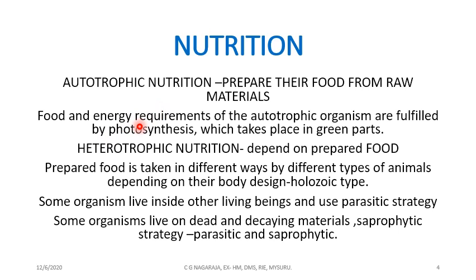Autotrophic nutrition you have heard already many times, but it simply means they prepare their own food. Heterotrophic nutrition: hetero means different, and type of nutrition means obtaining food. Prepared food is taken in different ways by different types of animals depending upon their body design, and such a type of nutrition is called holozoic type, meaning similar to animals.